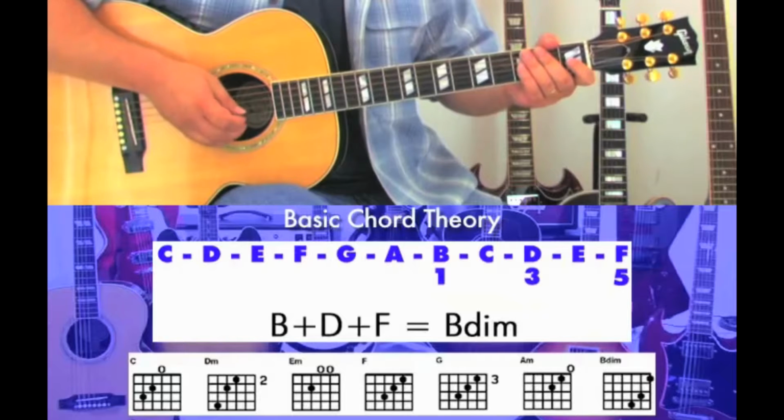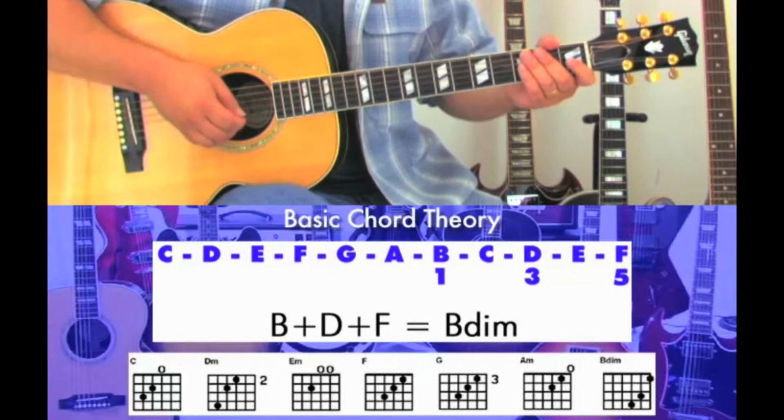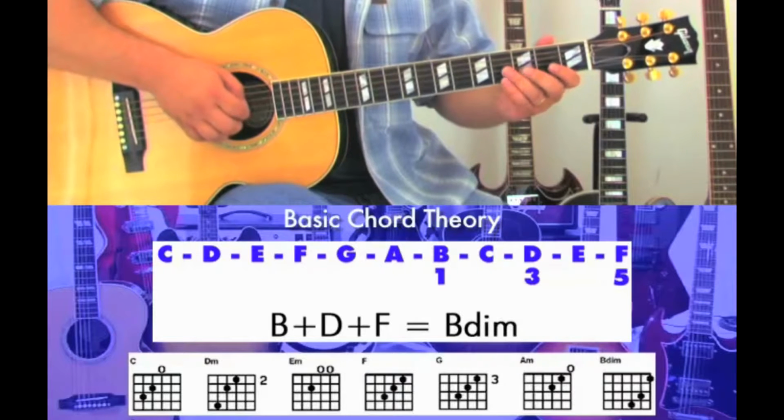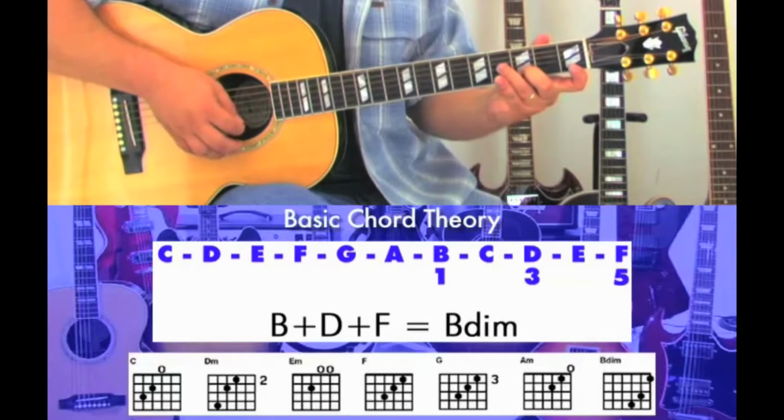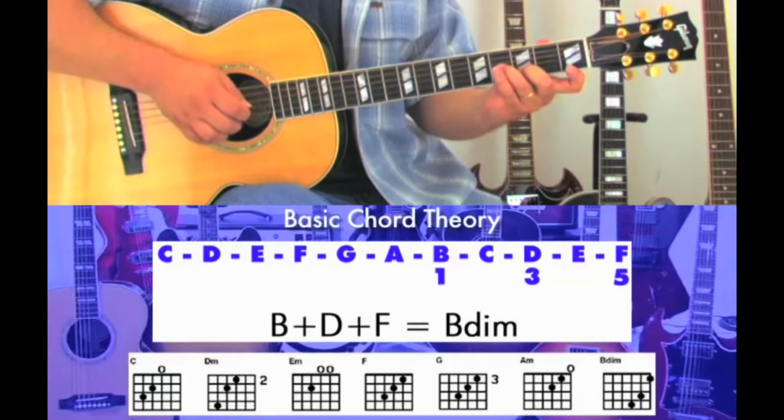The seventh note in the key of C is B. The 1-3-5 formula applied to a seventh major scale note gives us an entirely different chord called a diminished chord. Here we have the notes B, D, and F. D is a minor third above B, and F is a flat fifth.